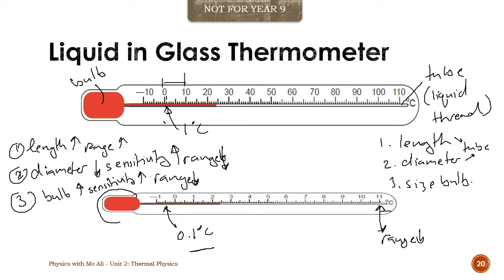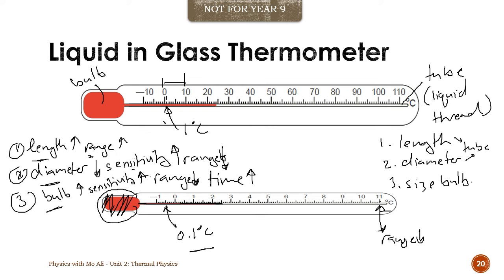When you have a bigger bulb, you have more liquid, and the more liquid you have, the more it wants to expand for the same change in temperature. So that increases its sensitivity, decreases the range, and increases the response time. It takes more time to give you that change in temperature. So it's not always a good thing to make the bulb bigger or smaller. It's always best to change the length of the tube if you want to change the range, or the diameter of the tube if you want to change the sensitivity.